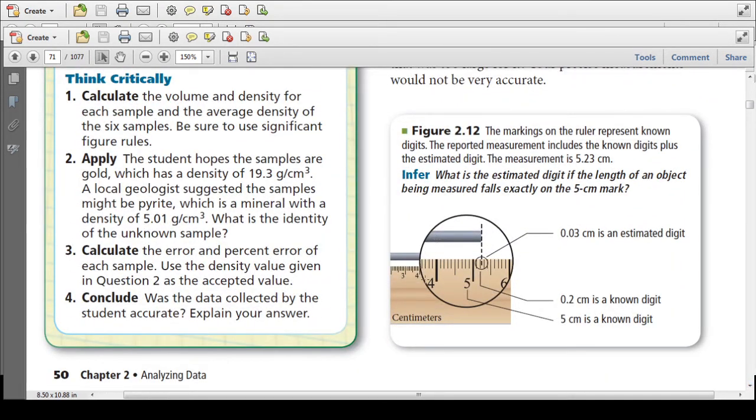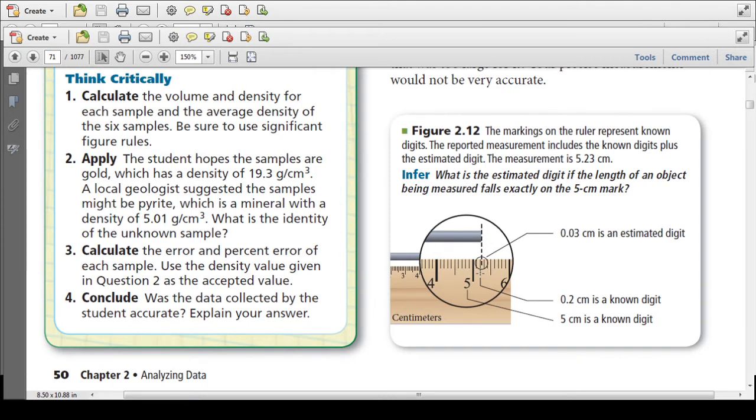Here's that image right here. We have this rod, and if we put a ruler to it, we know it is at least 5 centimeters. We can also look deeper, and we can see that it has inched over the 0.2 centimeter line, but it falls somewhere between the 0.2 and 0.3 markings.